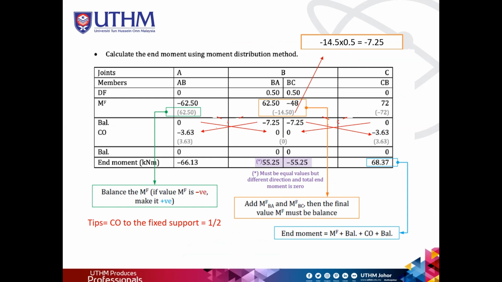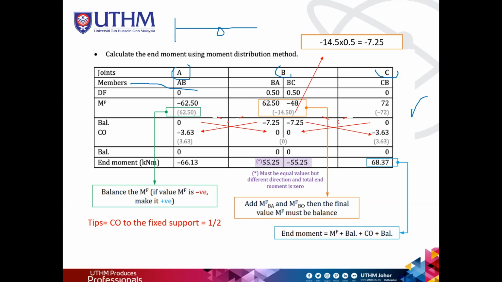Then this is what we call the table of the moment distribution method. This is very easy if you list all the values in the table. So how do we list? First, we know that we have 3 joints, A, B, C. And the members refer to the previous slide. It shows AB, then B because it's at the center.